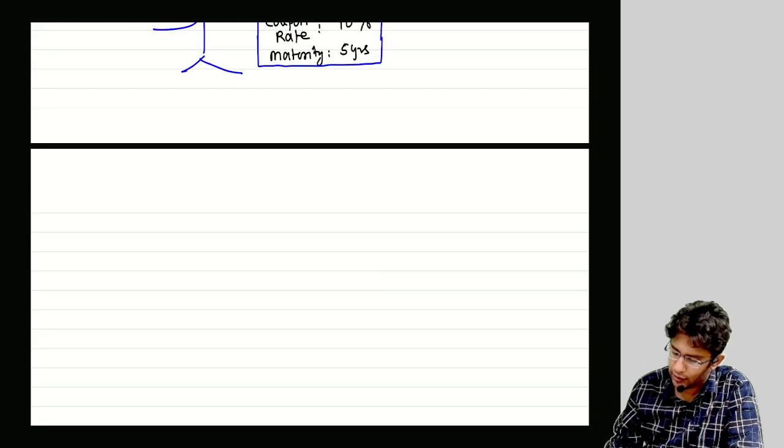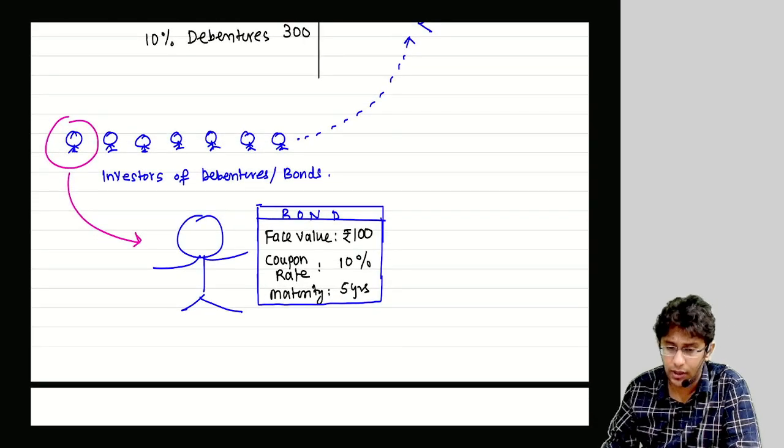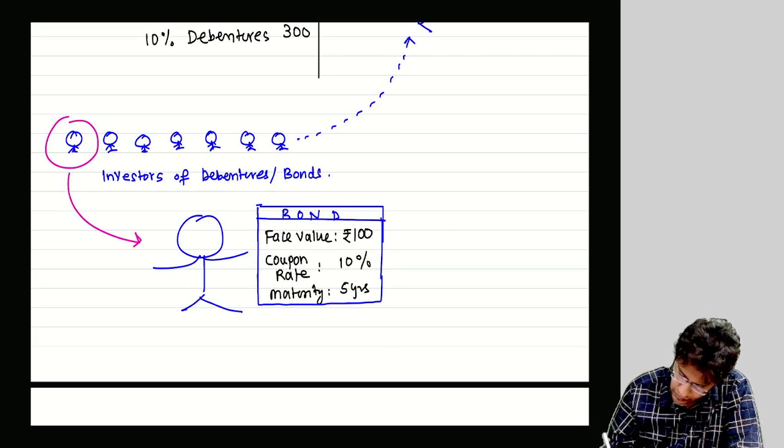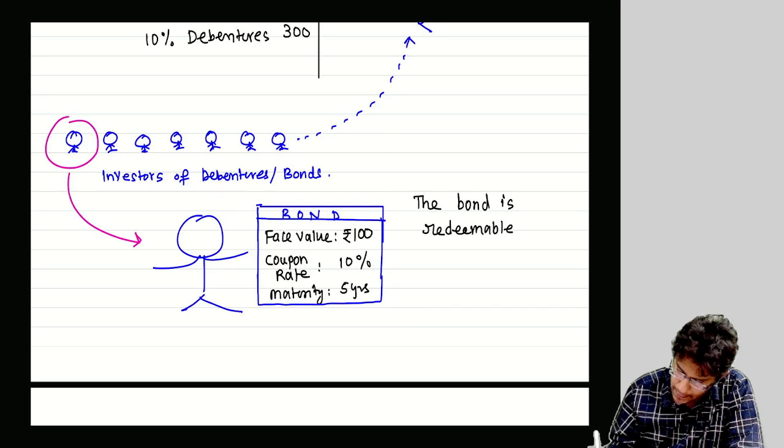What is the meaning of this? The meaning of what we have written is the bond is redeemable at 5 years or at the 5th year.